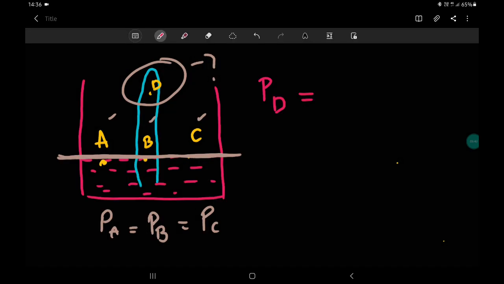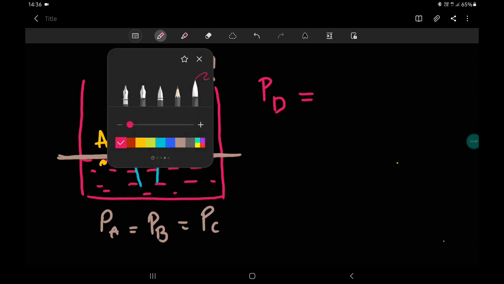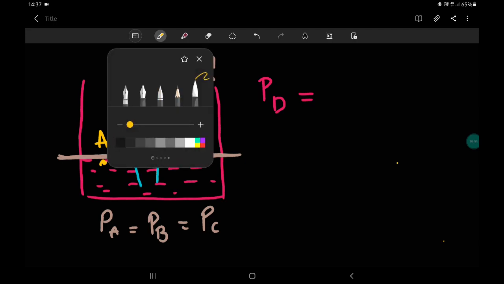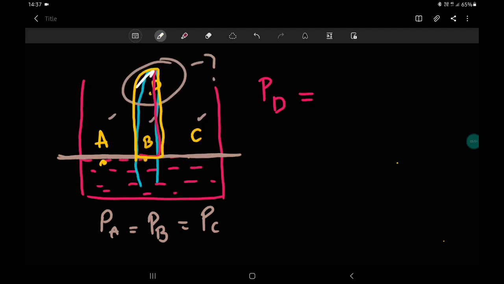This much part is a closed area, a closed vessel.